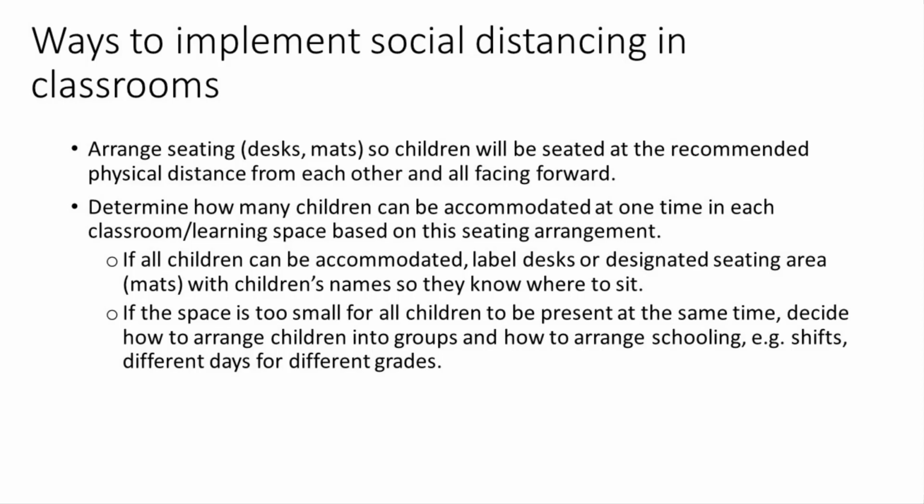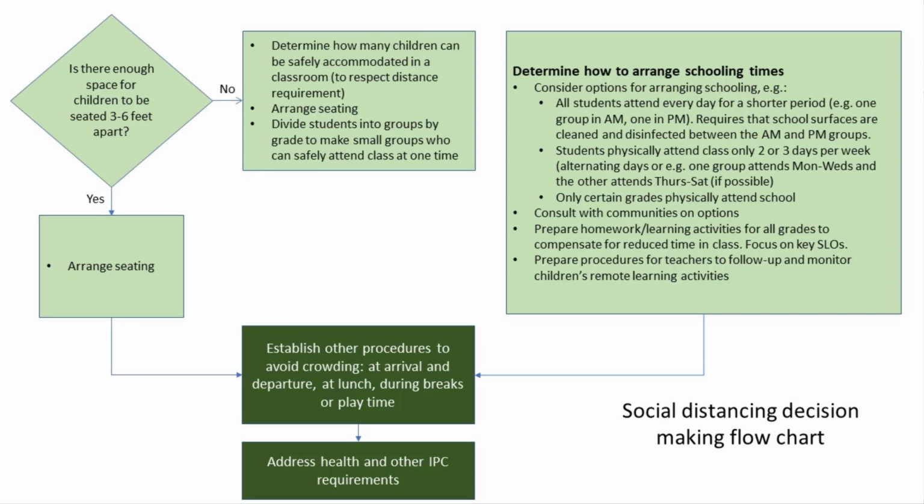But perhaps it's more likely that a phased approach will be adopted by the school education department. This is something that the teachers need to consider while they plan the social distancing measures in the schools: how many students will be coming to the schools and how the teachers are going to manage while they move forward with the learning process for the safety and security of the children. This is very important to consider.